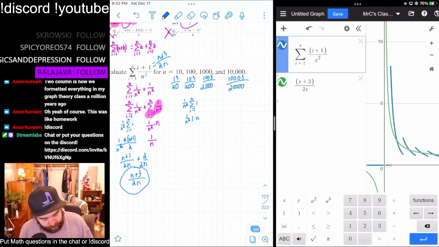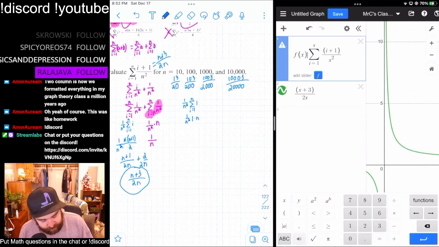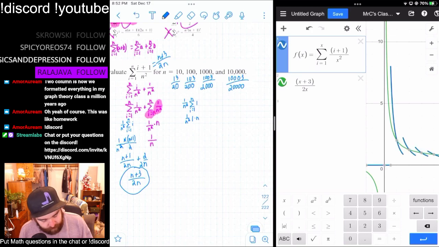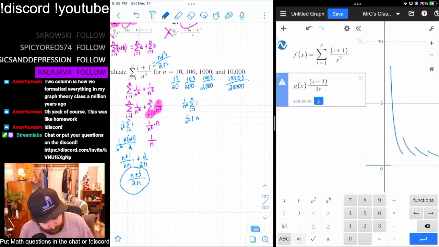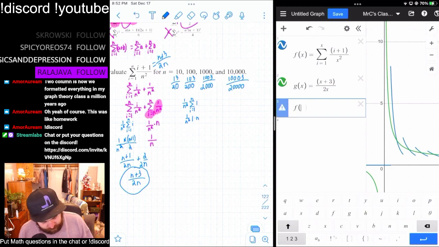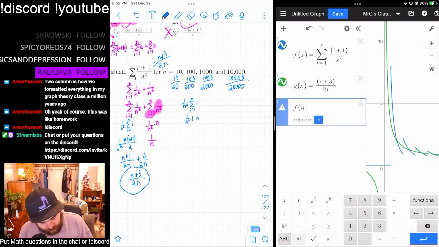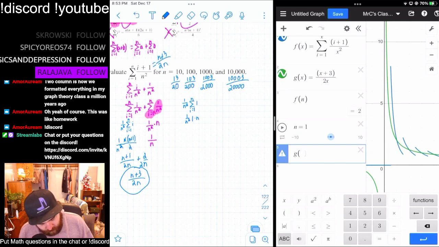Because the whole point is we want to be able to say, if this is f of x, that's one function. Call this g of x, that's the other function. And then we'll go, what is f of n? What is g of n?